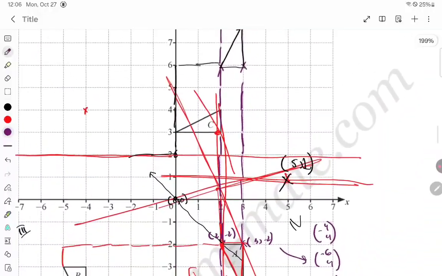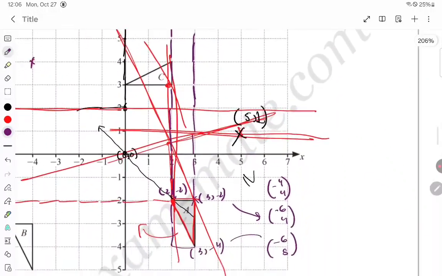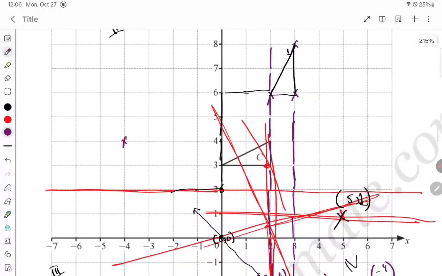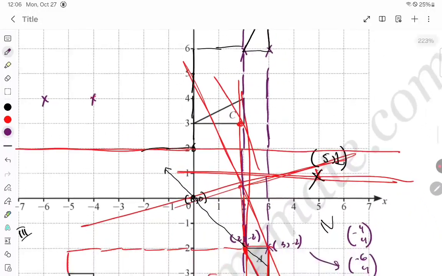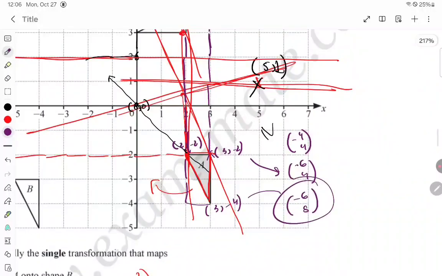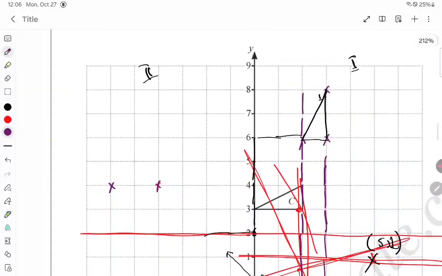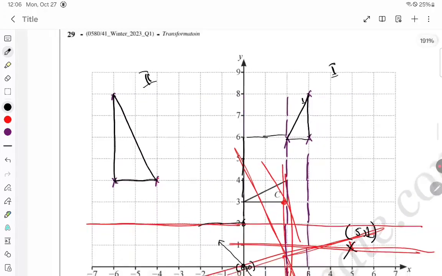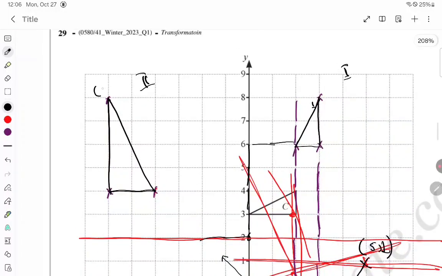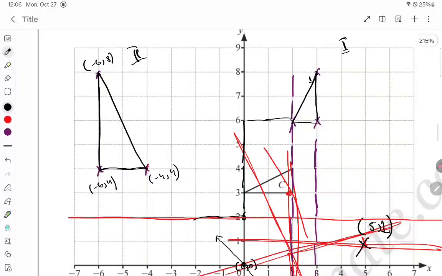So first point -4, 4, then -6, 4, and for the last, -6, 8. Join the lines. So this is a triangle. Mark the quadrants if you want to complete the diagram.